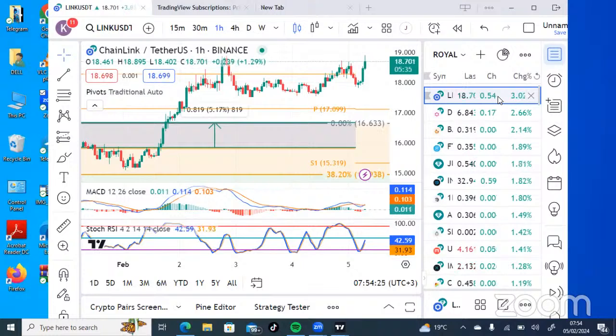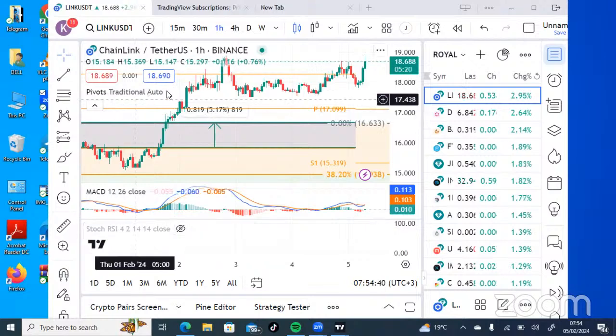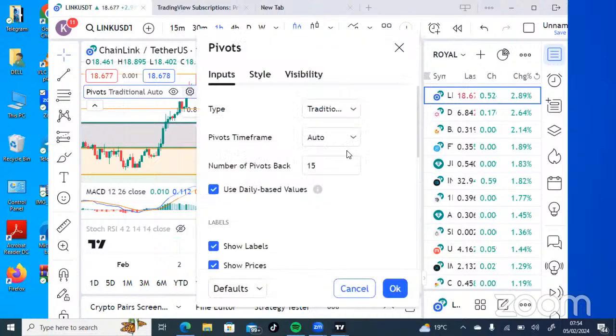Okay, so today, because of electricity issues, we are going to put our focus on a very, very important indicator.